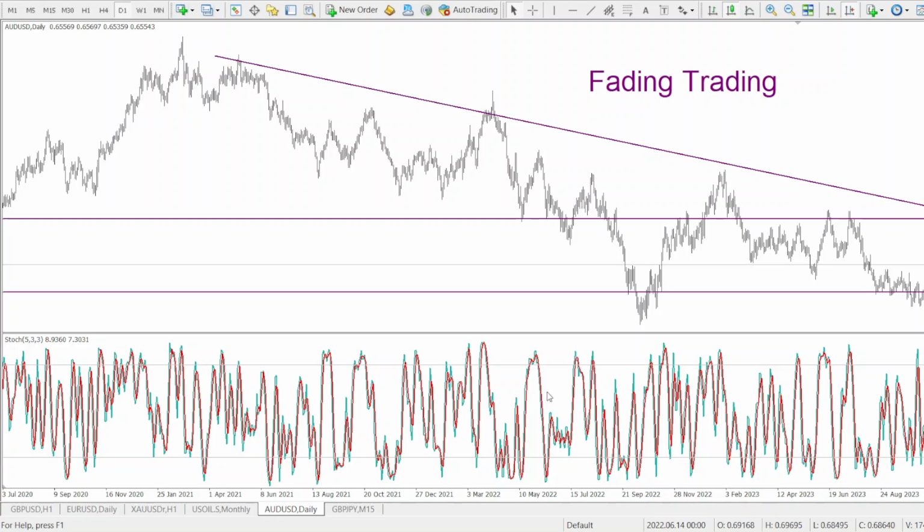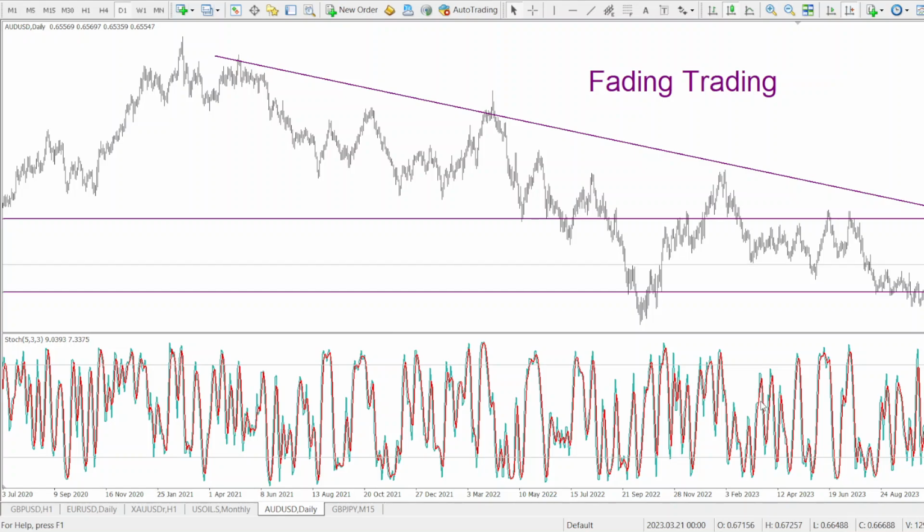Sooner or later, some traders will start to exit their trades, which will cause the trend to weaken, and boom, here's an opportunity to fade or take a counter trend position. Tools like the stochastic oscillator or other momentum indicators can help signal when a trend has gone too far and may be about to reverse.